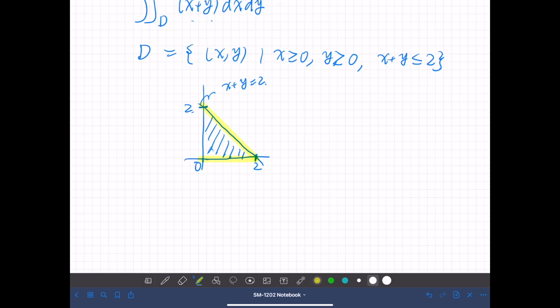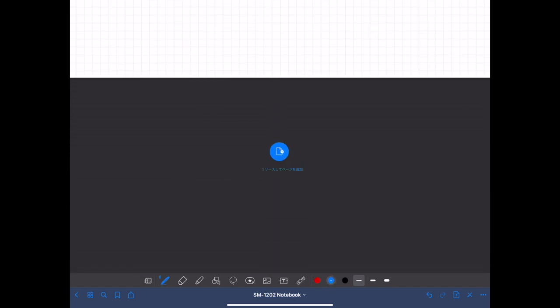So x moves from 0 to 2, and the value of y varies from here to here. In this case, this lower bound happens to be a constant. So anyway, let's try to calculate that.